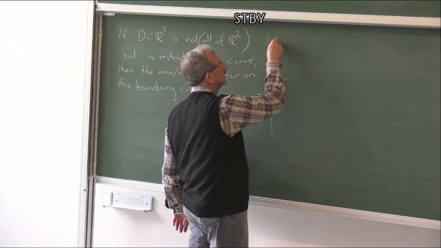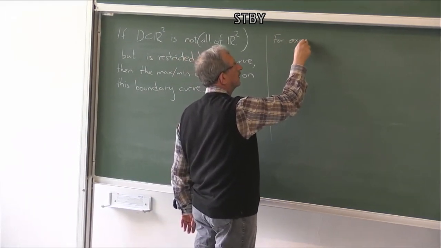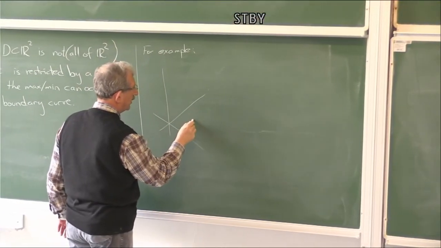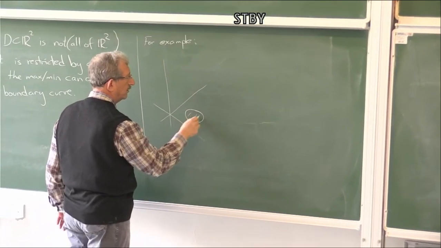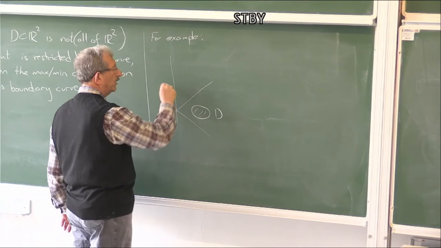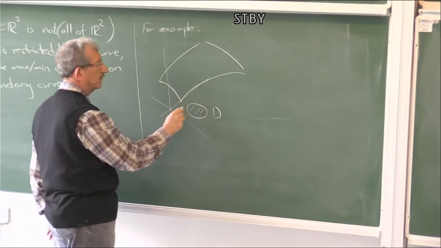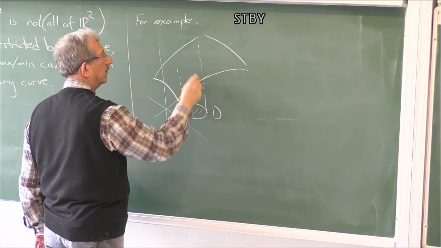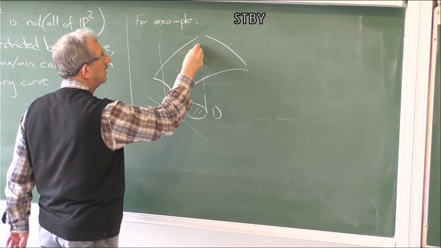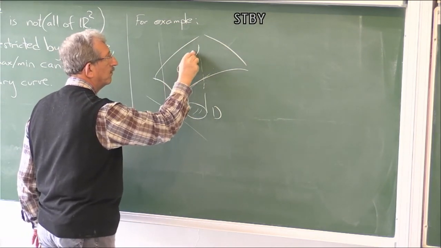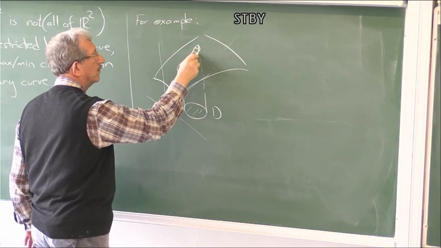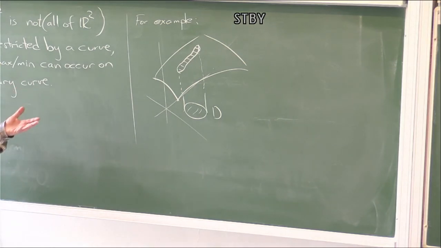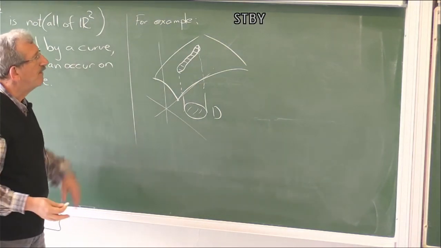For example, consider, say we have a nice circle here. This is our D. On top of that, depending on the shape of the surface, perhaps we have such a surface piece. Now, what's the largest value?